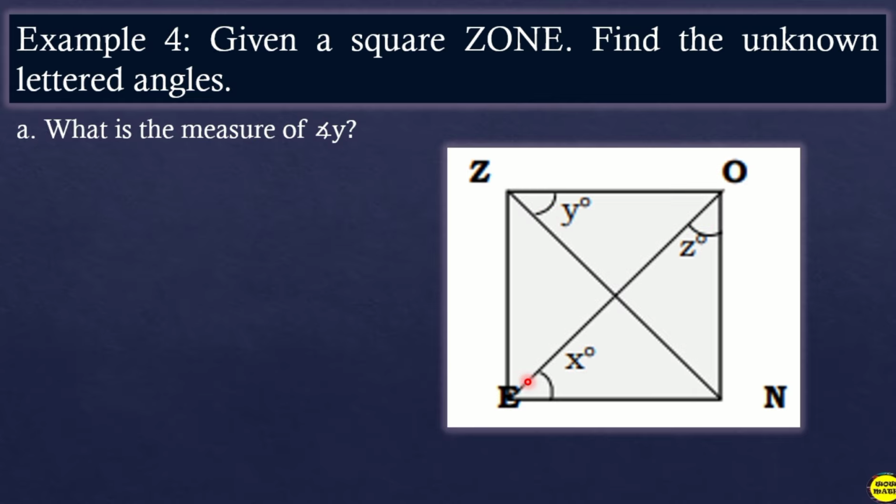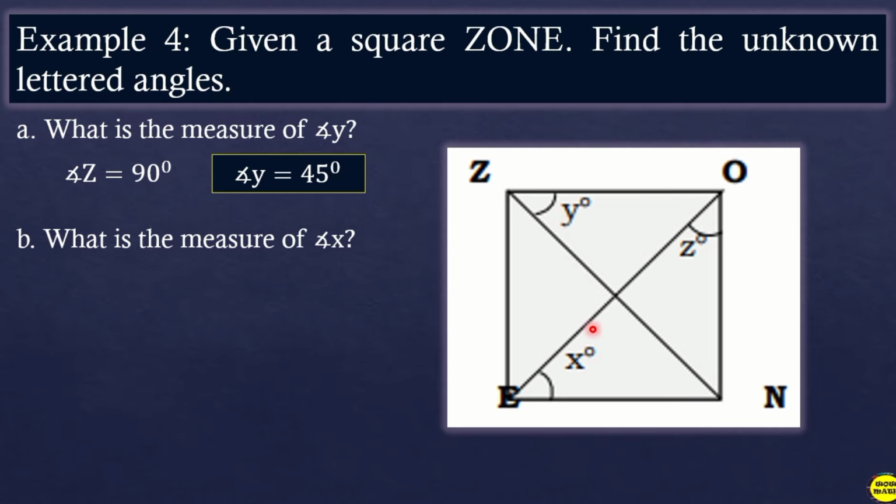Since binisect ng diagonal natin yung vertex natin, kaya nagkaroon tayo ng dalawang equal na angle. So, ang kinukuha lang is yung sukat ni angle Y. So, anong sukat nito? That is 45 degrees. Tama? Kasi kung ang angle Z ito ay 90 degrees, eh hinati siya into two equal angles. So therefore, ang angle Y natin is 45 degrees.